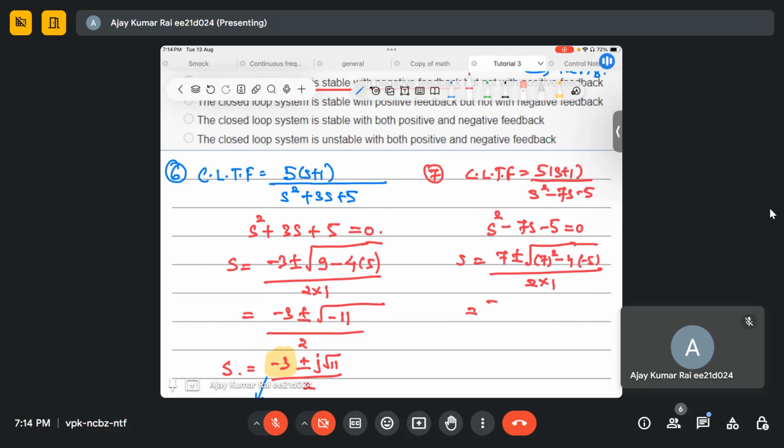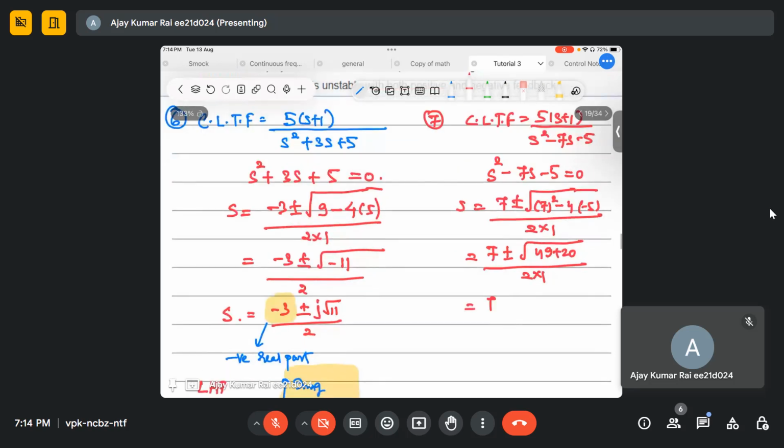Simple. So 49 plus 20 over 2 into 1. One root will be 7 plus root of 49 plus 20, which is 69, over 2. And this is one root and the other root is 7 minus root of 69 over 2.